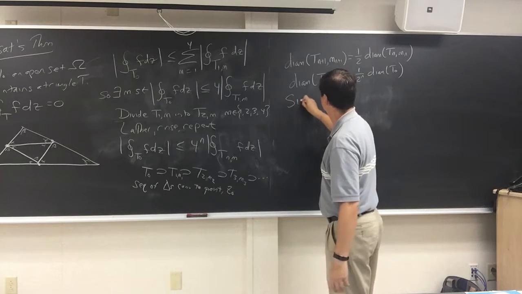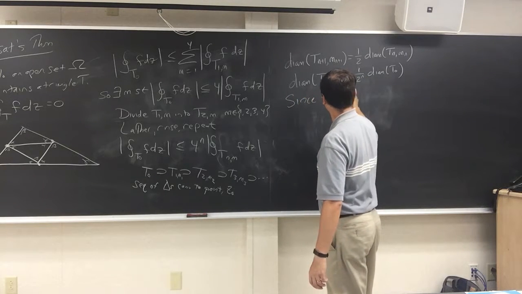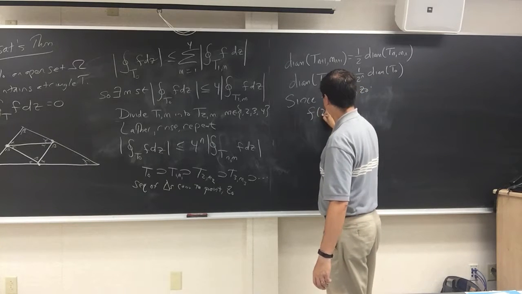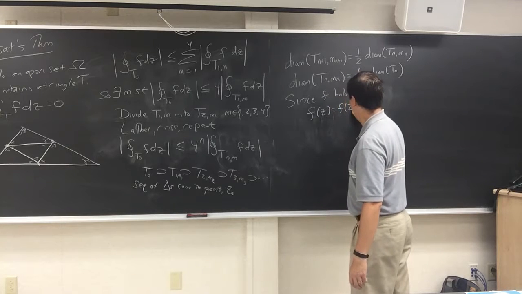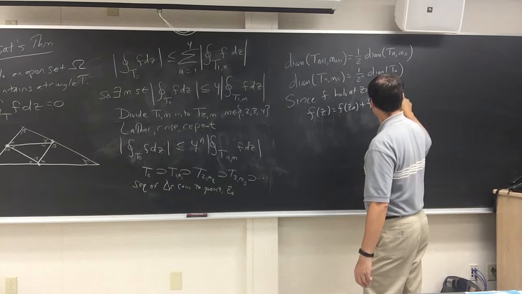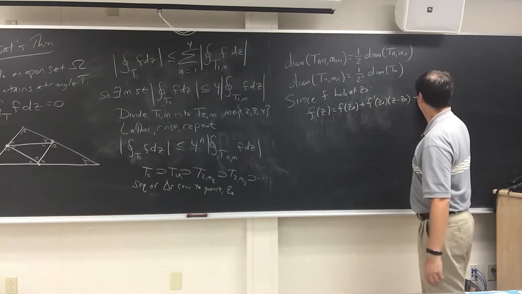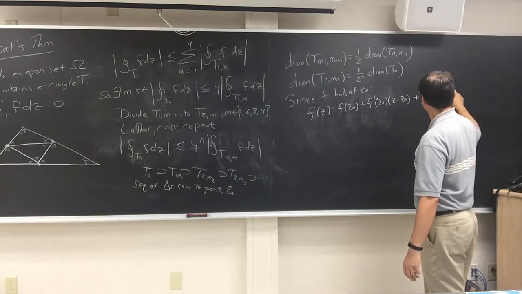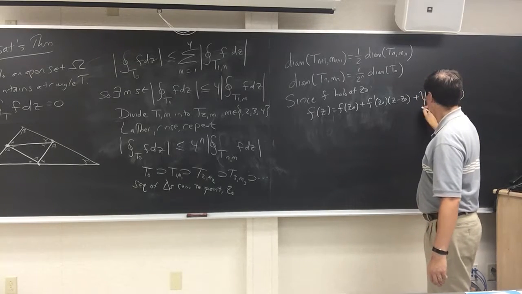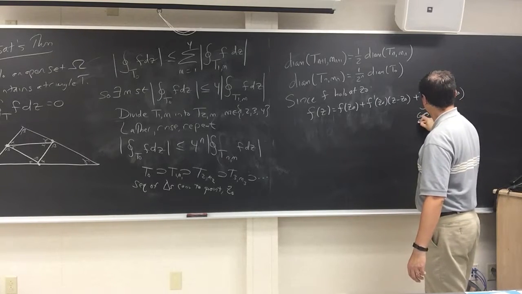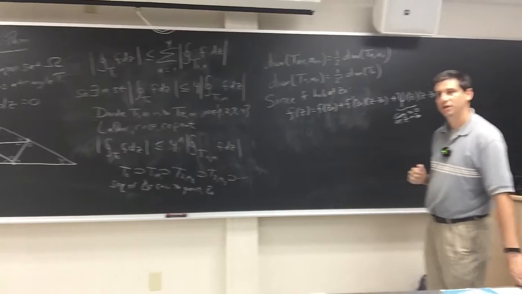So since f is holomorphic at z0, we have f of z is f of z0 plus f prime of z0 times z minus z0, plus c of z times z minus z0, where this c of z goes to 0 as z goes to z0. So this is what it means to be differentiable at a point.